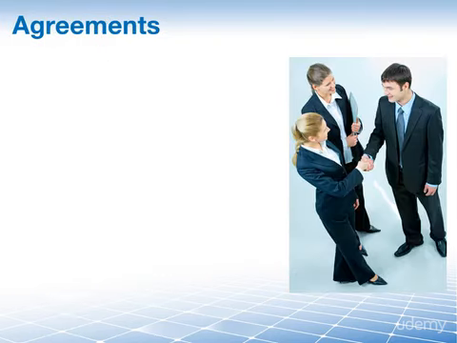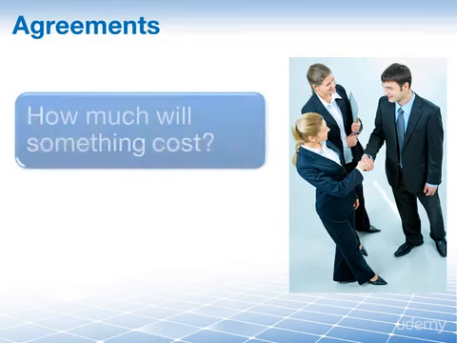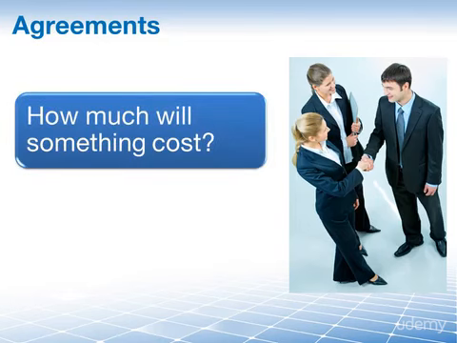Our next input are the agreements. Relevant agreements are important because they will tell you how much something will cost. This can include details on costs relating to products, services, and results. And this is reflected also in the PMBOK guide definition, which is any document or communication that defines the initial intentions of a project.